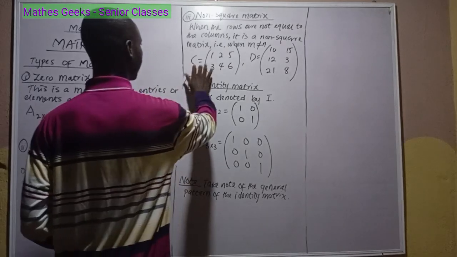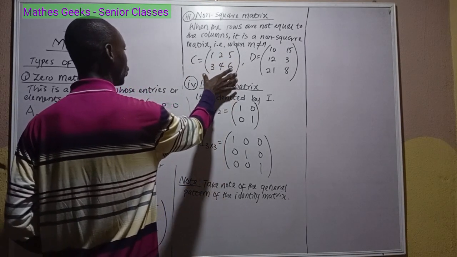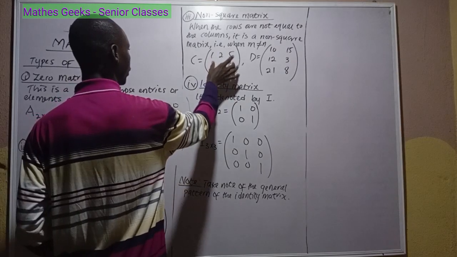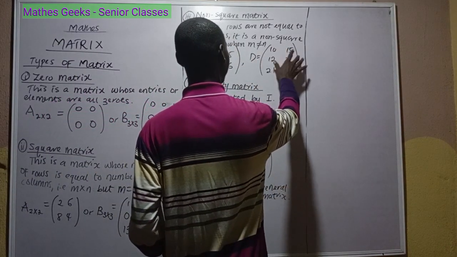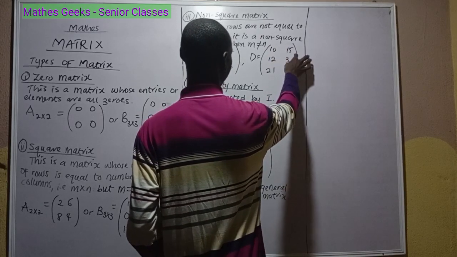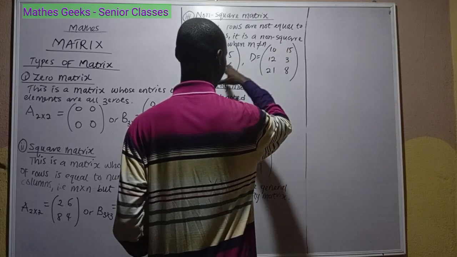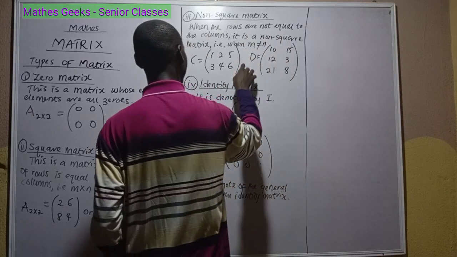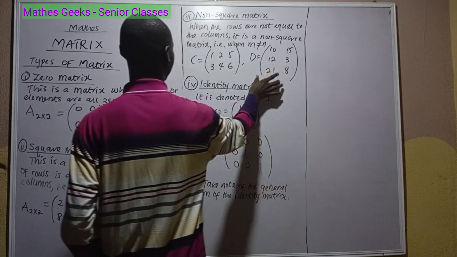For matrix C, we have 2 rows and 3 columns. It's a non-square matrix because the rows are not equal to the columns. D is a 3 by 2 matrix. We have 3 rows, the first row, second row, third row, and just 2 columns. Because the rows are not equal to the columns, we have a non-square matrix here.